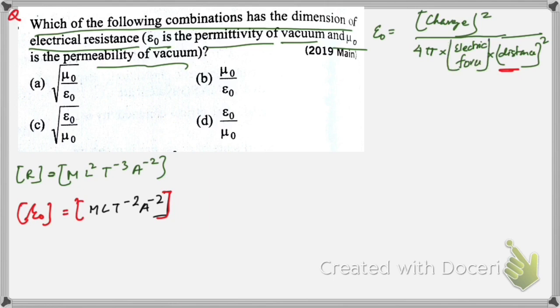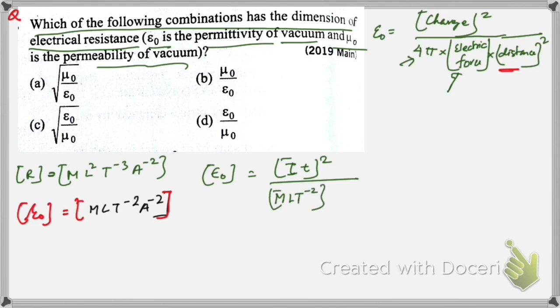So here you see, therefore the dimensional formula of epsilon naught: charge square, charge is current into time t, so square. But here we're going to ignore 4 pi because this is a dimensionless constant. And force is always mass into acceleration, then distance square, that's going to be L square, right?